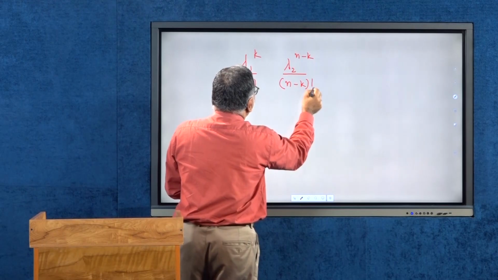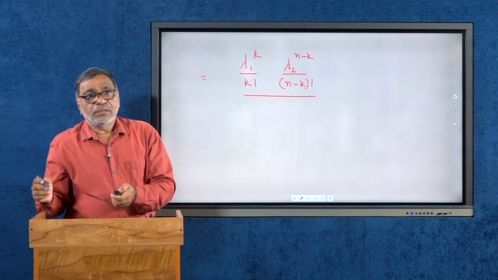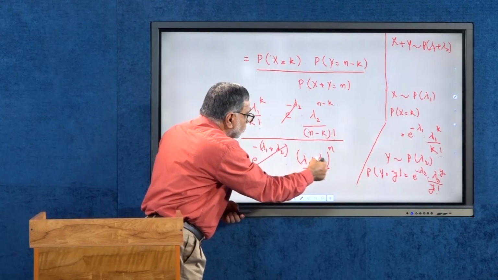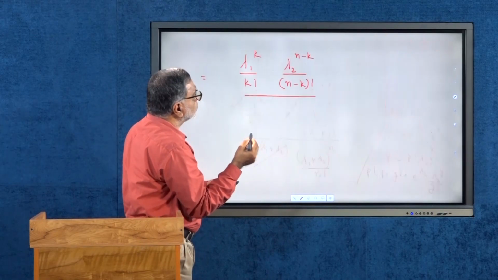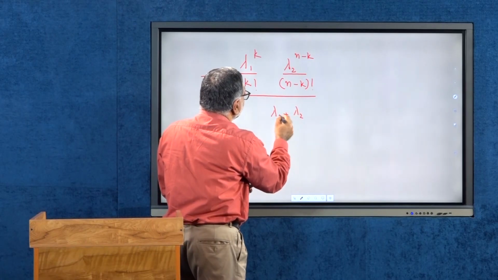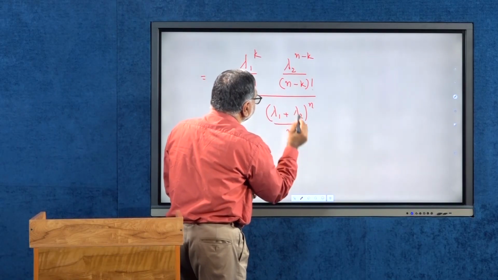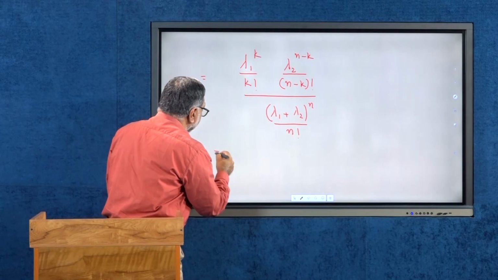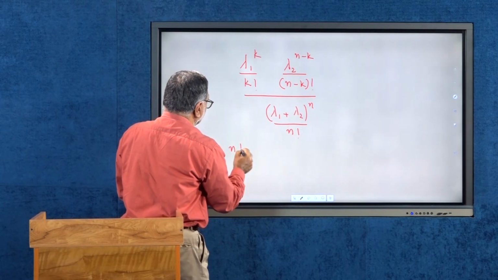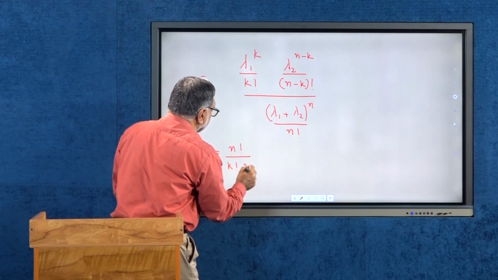That is about the numerator, whole divided by, in the denominator, lambda 1 plus lambda 2 power n divided by n factorial. And then you combine the factorials: n factorial in the numerator, k factorial, n minus k factorial.